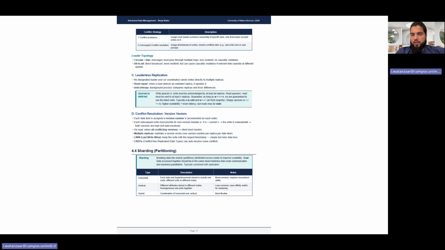So how do we know that they are guaranteed, that it's really committed? The guarantee is that as long as the write replicas plus the read replicas are greater than n, the number of replicas, we are guaranteed to see the latest writes, and typically n is odd.